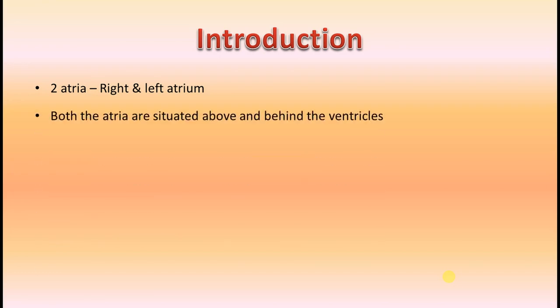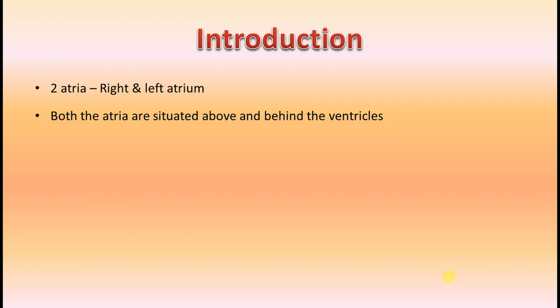Now coming to the atria, as we all know there are the right and the left atrium. Atria is the plural and the singular is atrium. They are situated posterior and behind the ventricles, so they are posterior superior to the ventricles.